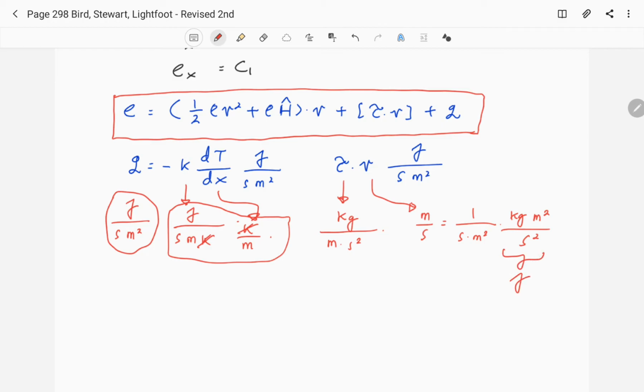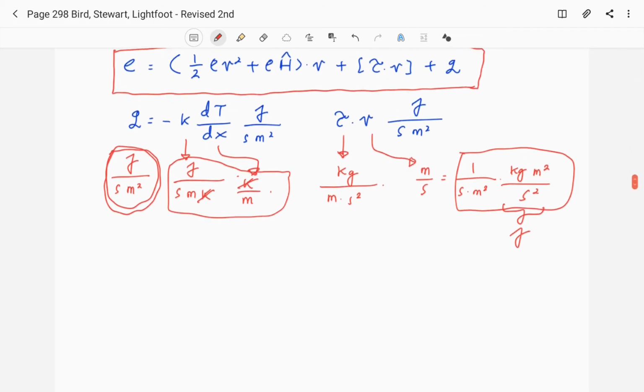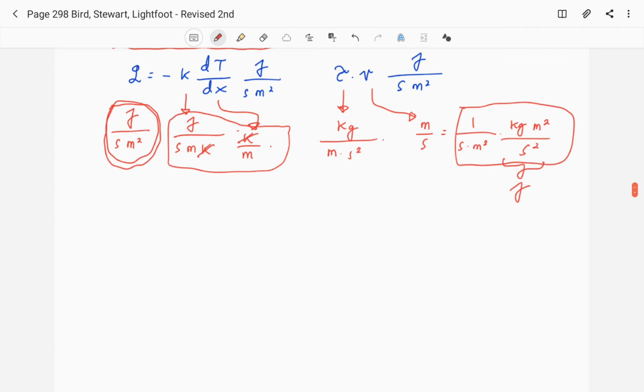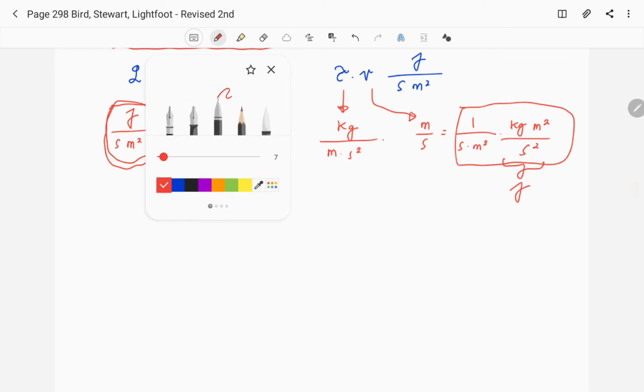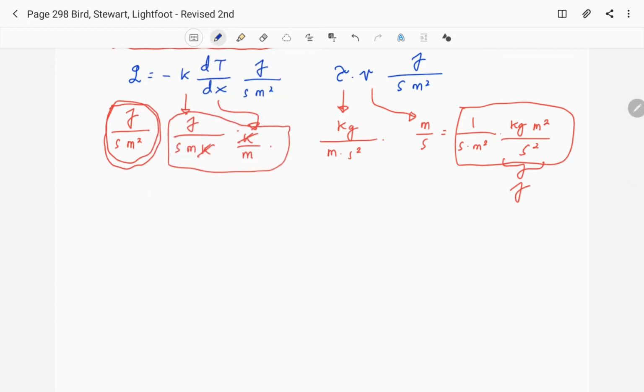So in reality, the unit in here will be equal with the unit in here. Okay, so it's very important for you to make sure that those things are equal to each other, so that we don't have the wrong unit.